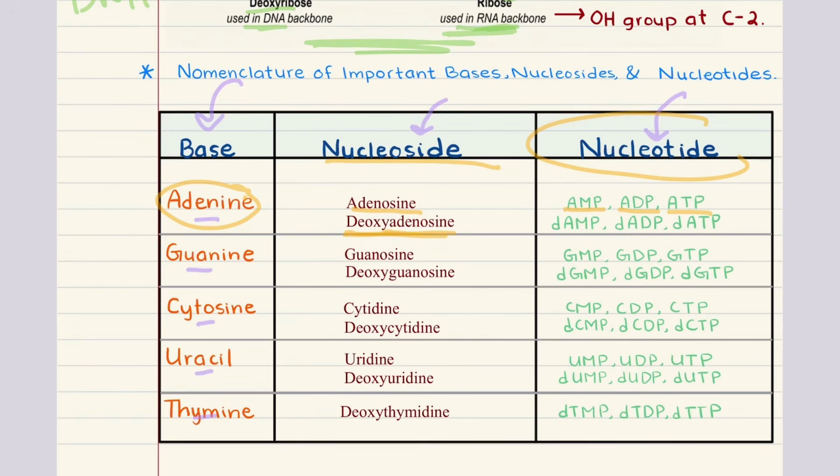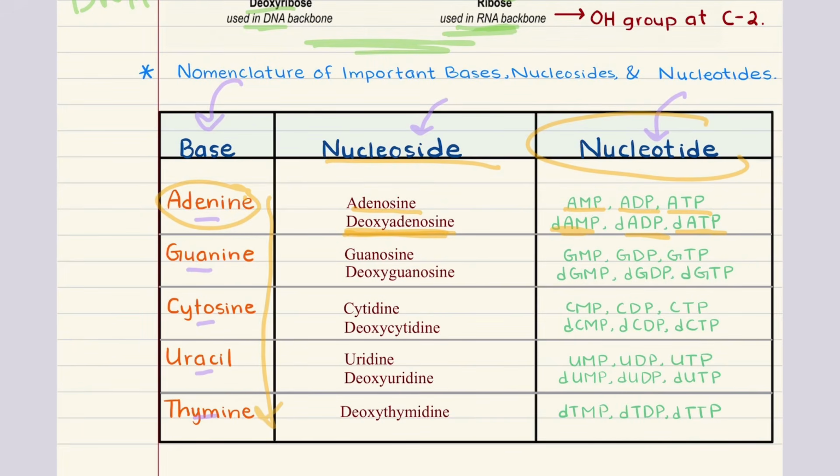For the deoxyribose version, if we have 1 phosphate, we have deoxyadenosine monophosphate. For 2 phosphates, we have deoxyadenosine diphosphate. And for 3 phosphates, it's deoxyadenosine triphosphate. And once again, the same idea extends to the other nitrogenous bases in this table.